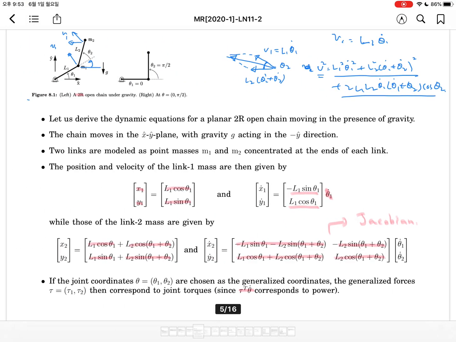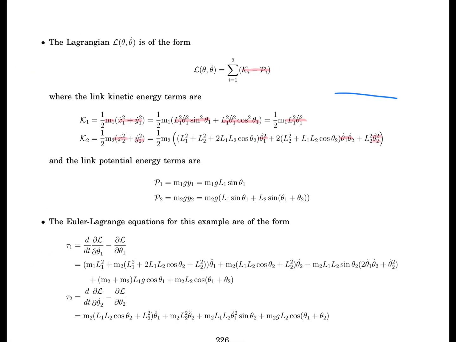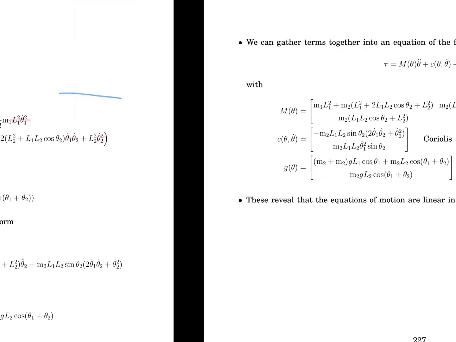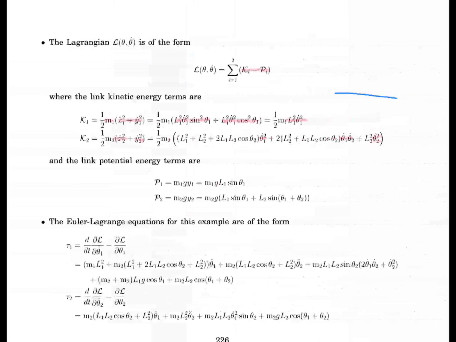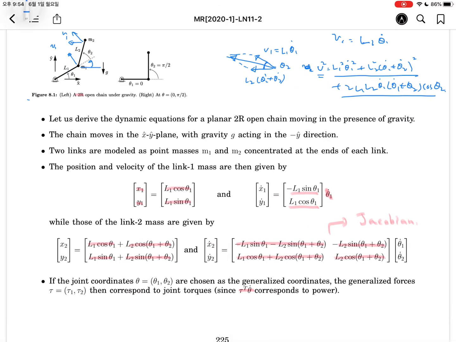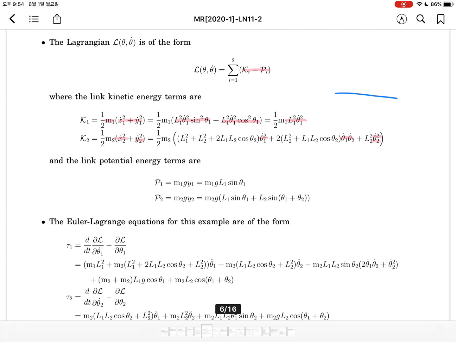Okay, maybe both are the same as each other. I'm not sure. Let me check it. If we decompose this term, let me rearrange one more time: L1 squared zeta 1 dot squared, L2 squared zeta 1 dot squared, 2 L2 squared zeta 1 dot zeta 2 dot, plus L2 squared zeta 2 dot squared, and the remaining terms are the 2 cosine terms.